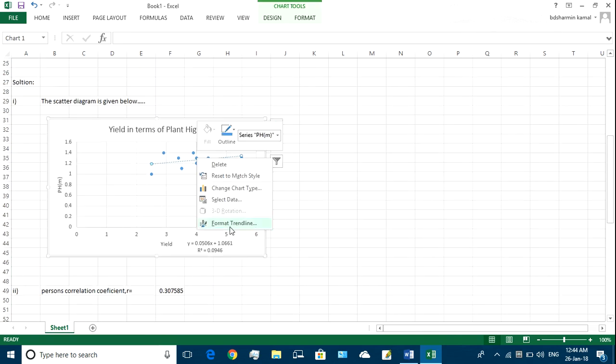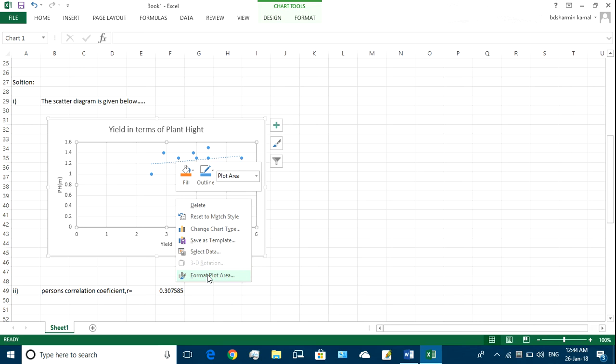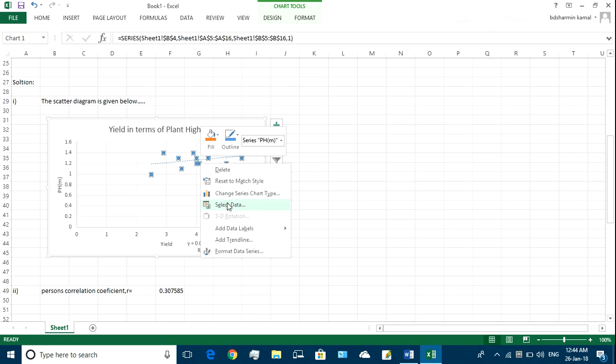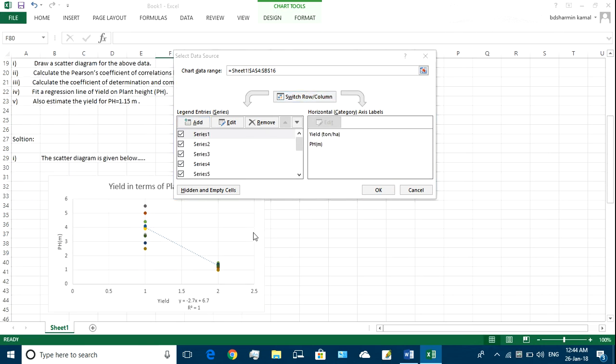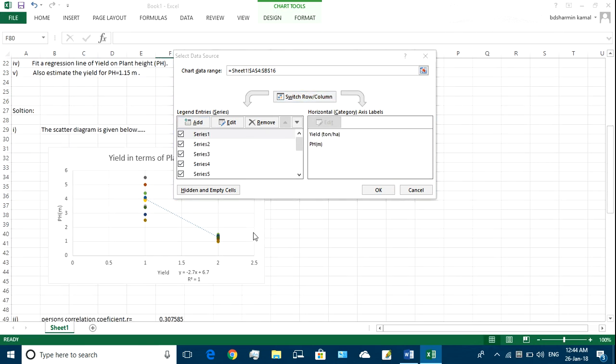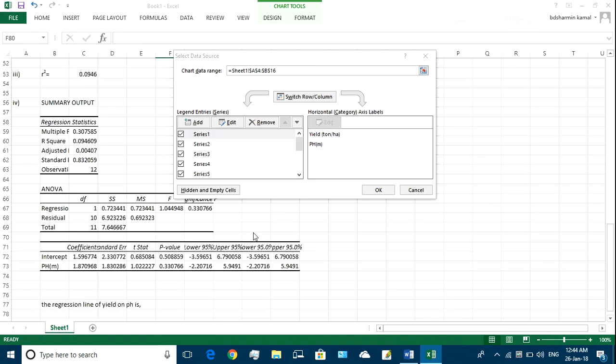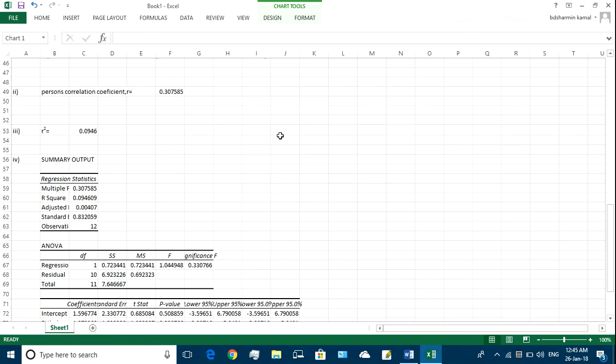Okay, let's do it. Simply select data, switch row and columns. After switching row and columns, just like that.